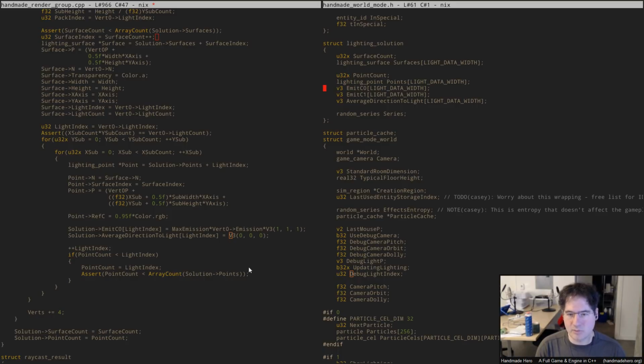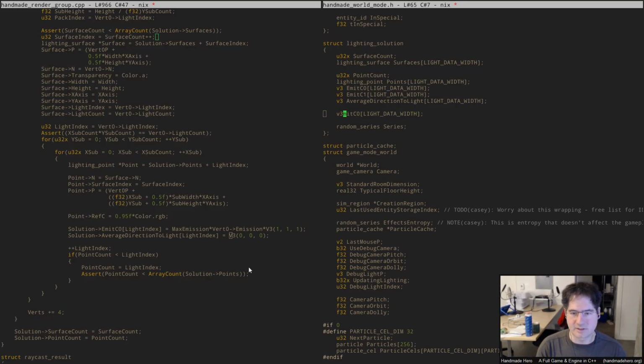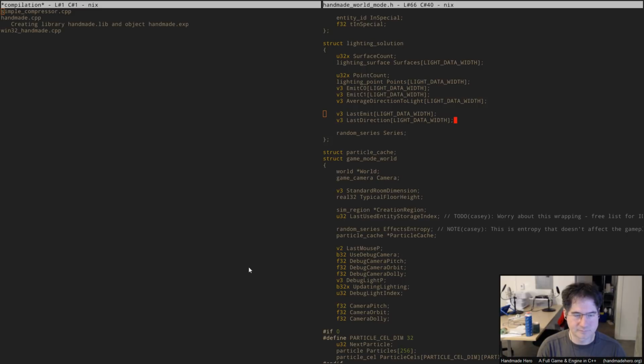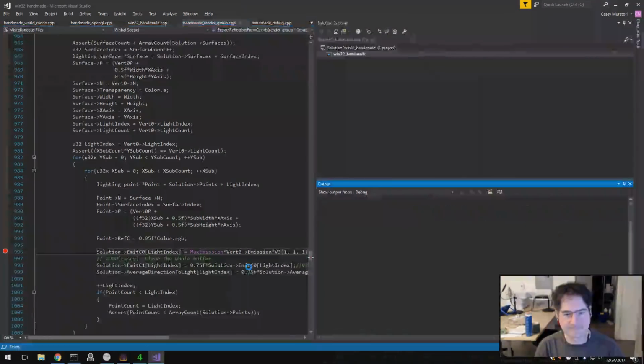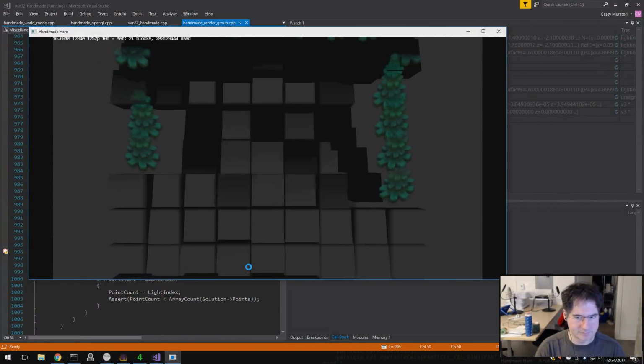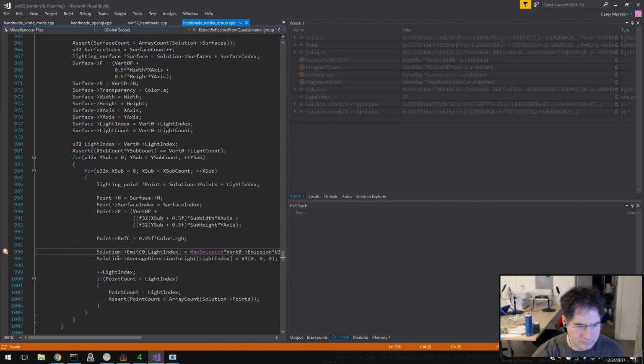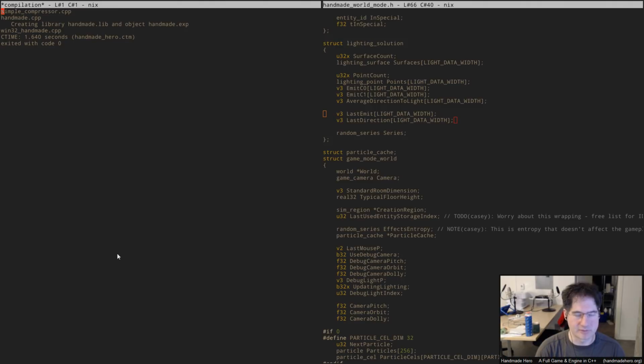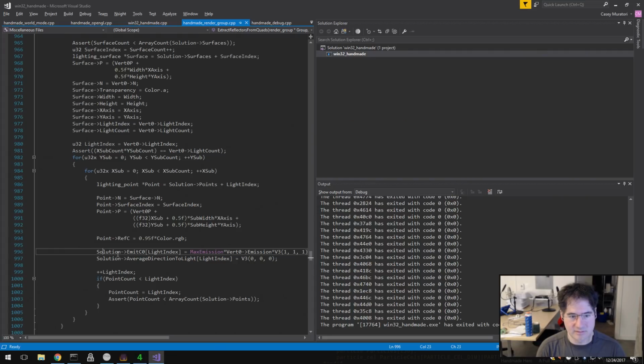So in here, what I want to do is something like last emit and last direction. Why didn't that breakpoint set? Not that I need it to set.